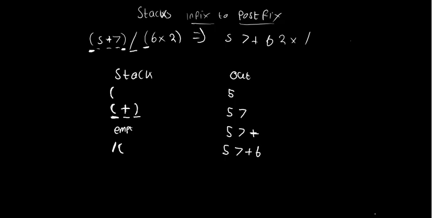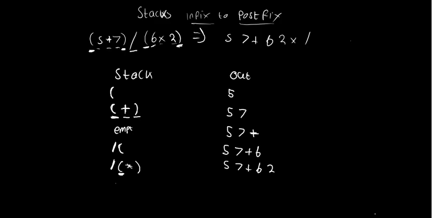5, 7 plus 6. Next thing we're going to do, so we've done this, we're then going to add this to the stack. So we're going to say open that, and then we're going to have our multiplication, and then we're going to have 5, 7 plus 6, and then 2 has been added to the output. We encounter another close bracket. What do we do when we encounter a close bracket? We pop everything up to the last open bracket.